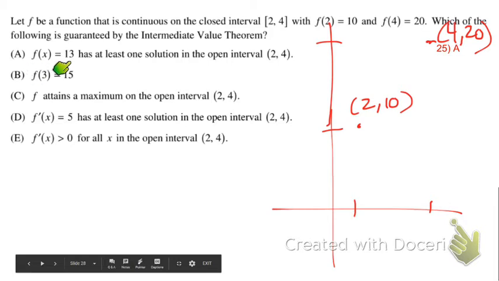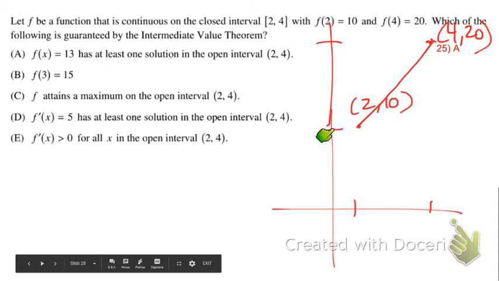A, f of x equals 13 has at least one solution in the open interval from 2 to 4. So if I connect these 2 points, 2, 10, and 4 comma 20, if it's continuous, it has to be connected from one point to the next. There can't be any holes or breaks or jumps or gaps. So when it says f of x equals 13 has to have at least one solution, that's definitely a true statement.